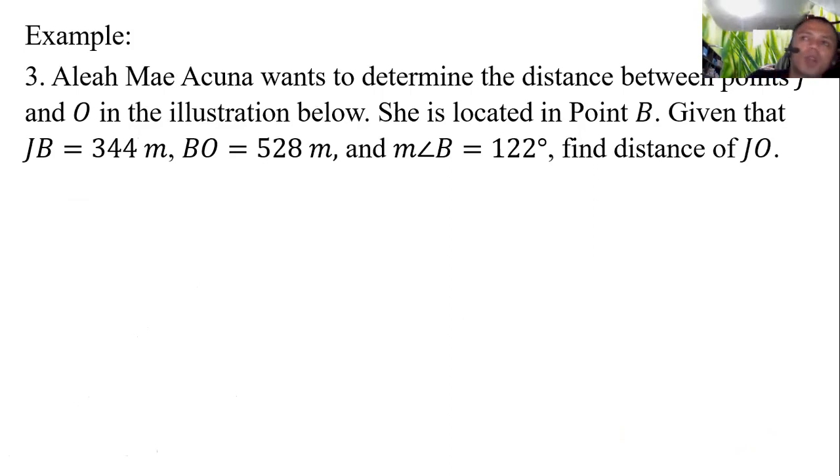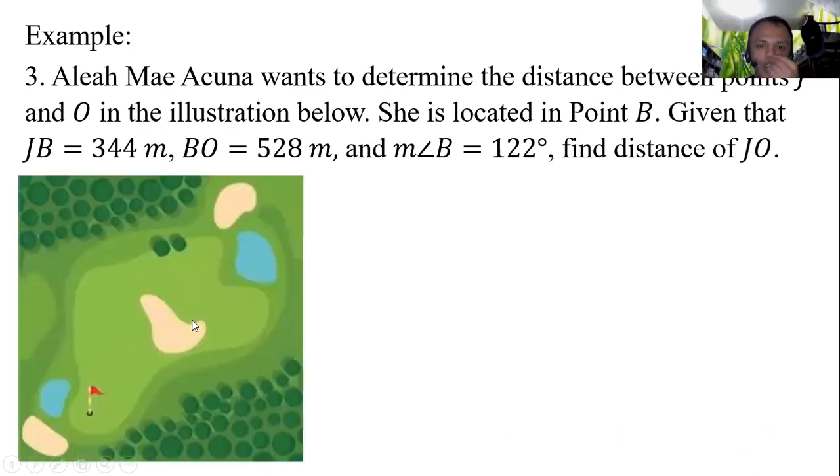Now, a word problem. Alea May Aconia wants to determine the distance between points J and O in the illustration below. So, this is the illustration, with O and J. She wants to know the distance between point O and point J. She is located at point B. Given that JB is 344 meters, BO is 528 meters, and the measure of angle B is 122 degrees.